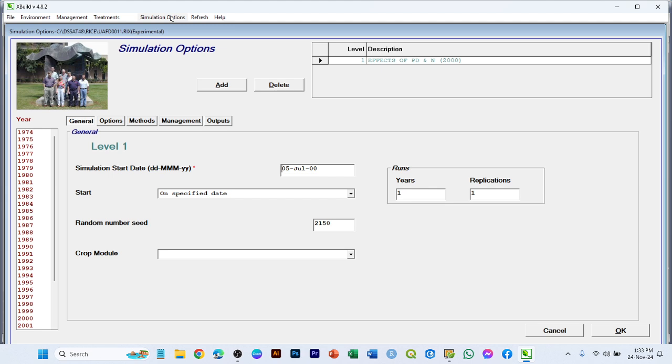Sometimes you have to start the experiments at the maturity stage. So it depends on the requirement of your crop. But normally it is suggested that you mention the simulation option right from the day of sowing.